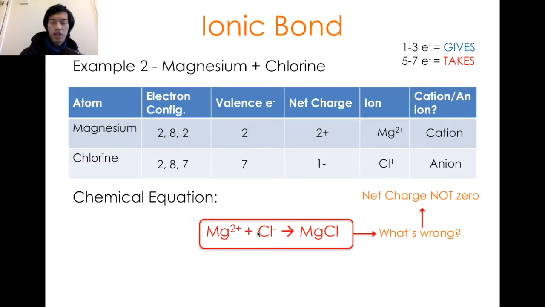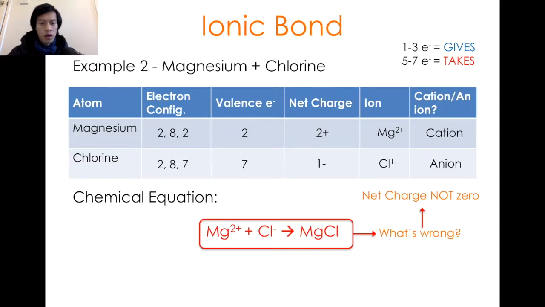with only 1 chlorine atom, right? And so what actually happens is, in nature, you never get 1 magnesium atom joining with 1 chlorine atom. You have a whole bunch of magnesium atoms joining together with a whole bunch of chlorine atoms. And so what's going to happen is, magnesium is going to give 2 away, but 1 chlorine atom can only take 1 electron. So magnesium has the spare electron that it will now give away to another chlorine atom, right?